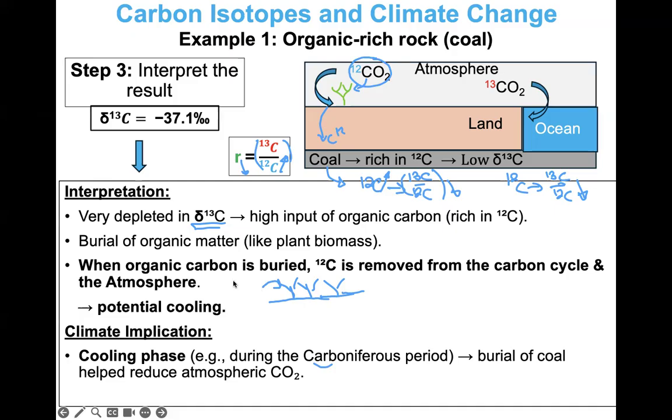These trees will remove CO2 extensively. This means CO2 would decrease, and the temperature would drop. Why? Because less greenhouse gas means less temperature. In fact, during this Carboniferous period, we have burial of coal, and burial of coal removes CO2 from the air, causing the temperature to be cooler because the CO2 was removed by the trees.